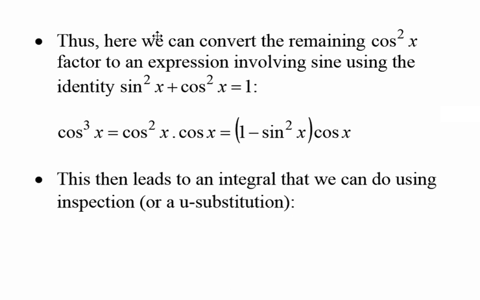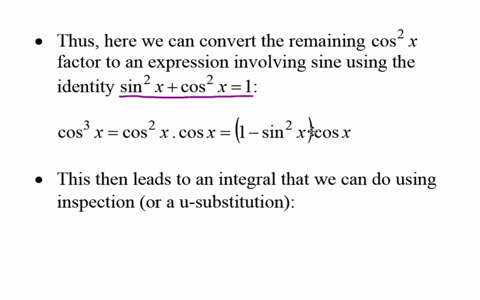Here we can convert a cos squared x to an expression involving sine using this identity. That's a very useful identity. So I can take that cos cubed x and split it up so that I can see a cos squared x, and there's my extra cos x, so that I can substitute in place of cos squared x, 1 minus sine squared x, which comes from rearranging that identity and making cos squared x the subject of the formula.